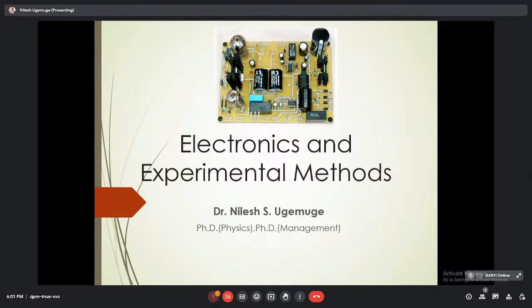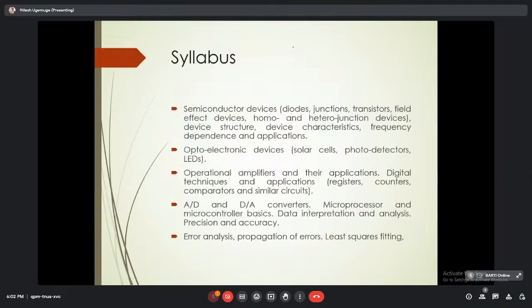Only the power supply device distinguishes the electrical from the electronics. Then we discussed the first important component of electronics, the diode, its functions, how it can be operated, and the VI characteristics in forward bias and in reverse bias.